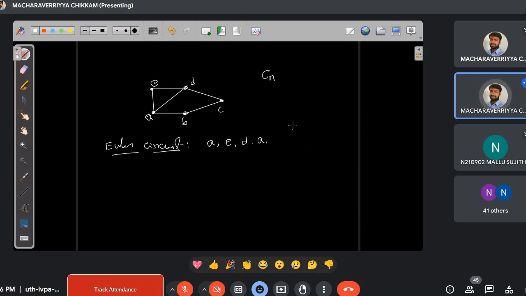But I'm looking for an example of a graph which has a Hamilton circuit and an Euler circuit, but they are not the same. We have a Hamilton circuit here, but there's no Euler circuit. That's the problem, because for an Euler circuit we have a necessary and sufficient condition: every vertex must be of even degree, not degree 2. But here the degree of A is 3, odd, so I can't have an Euler circuit. Let me try to create one more edge.